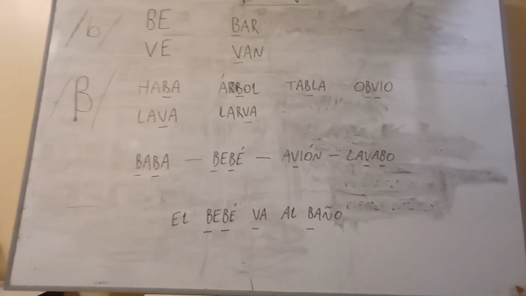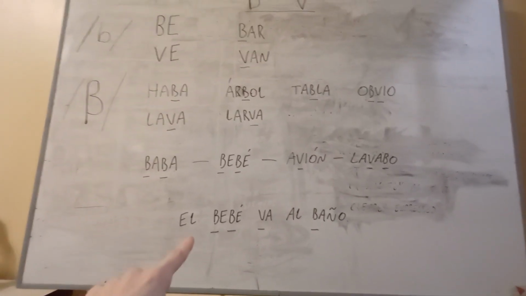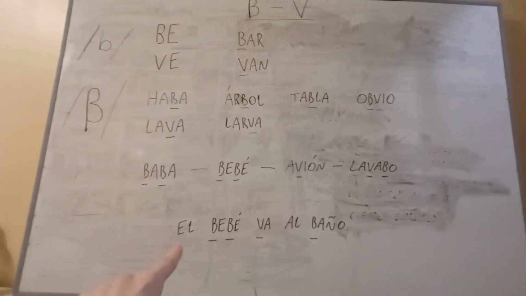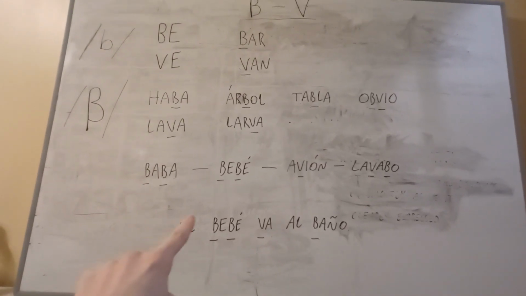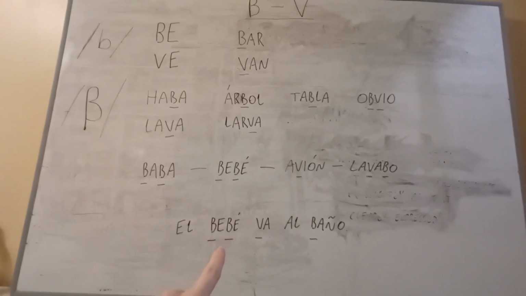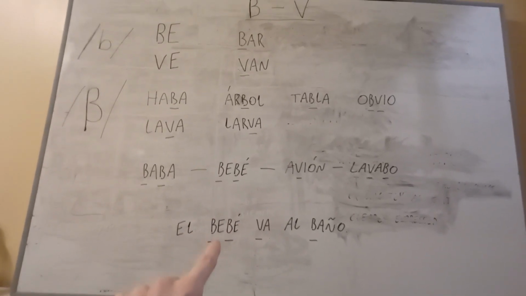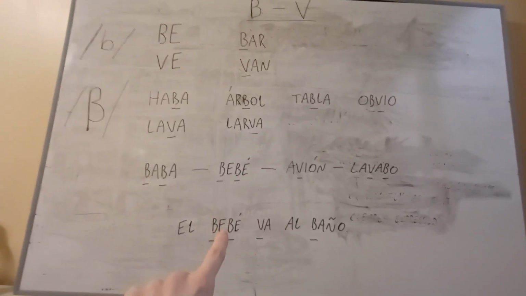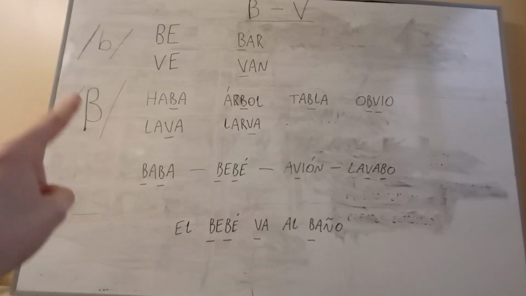For example, here, as this word ends in a consonant and the following word begins with a B, this B will be pronounced like the approximant.